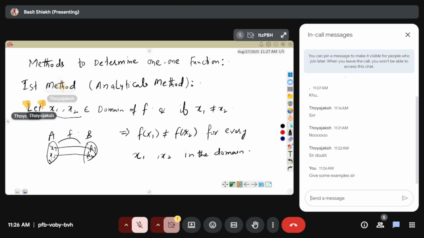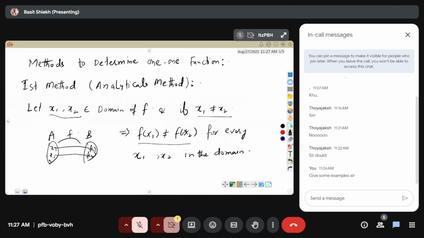If I take any x1, x2, it's any element, two different elements from the domain, we are checking if their functional values f of x1 and f of x2, their images, are different.